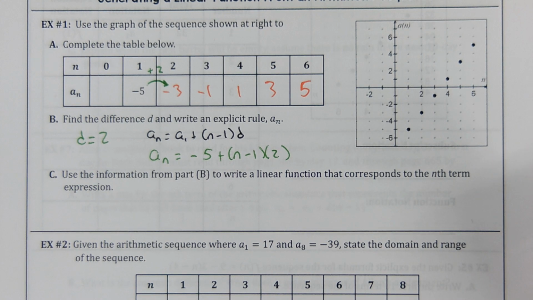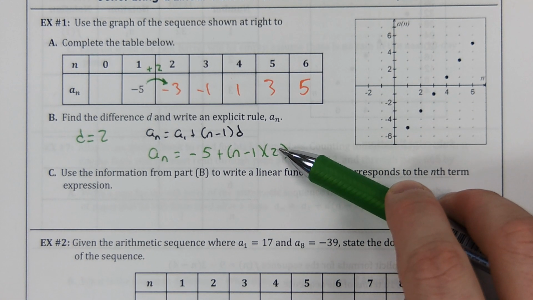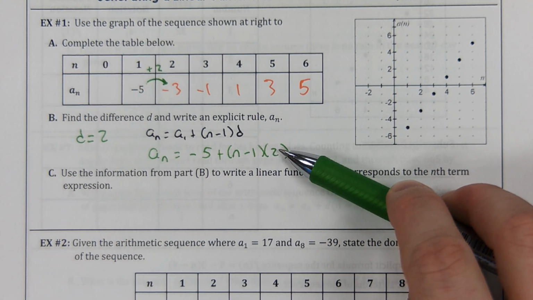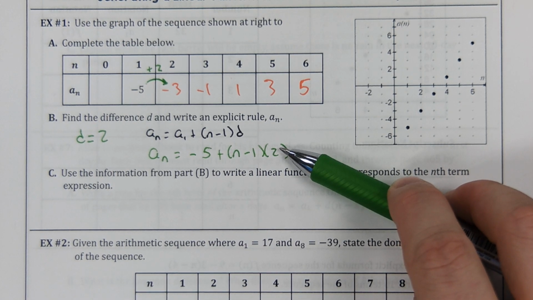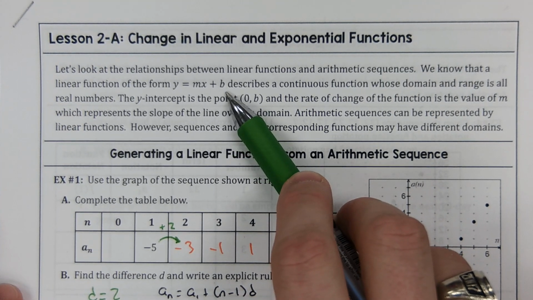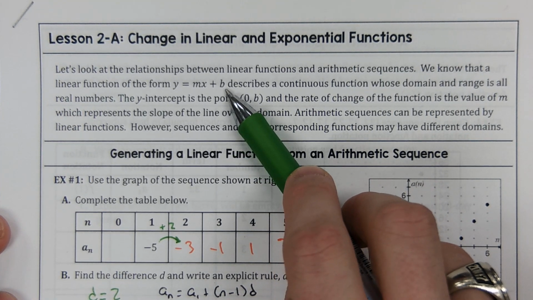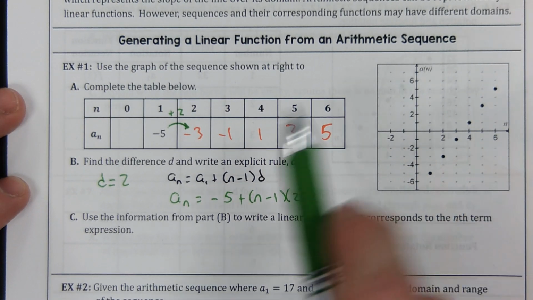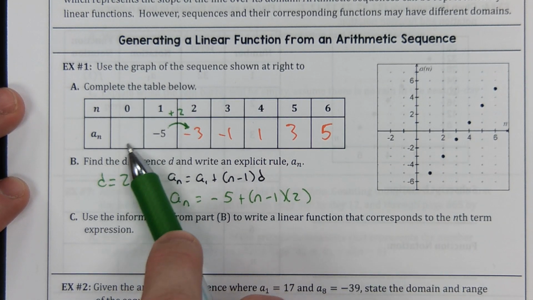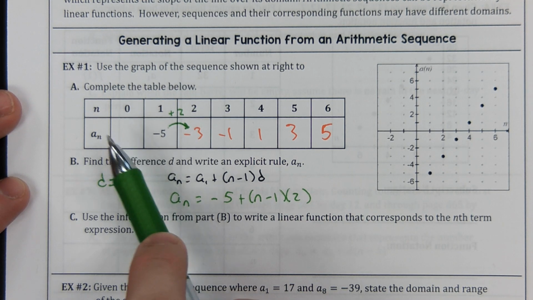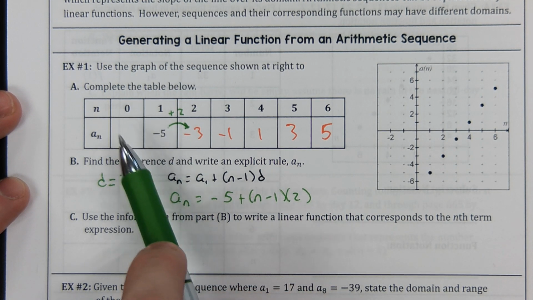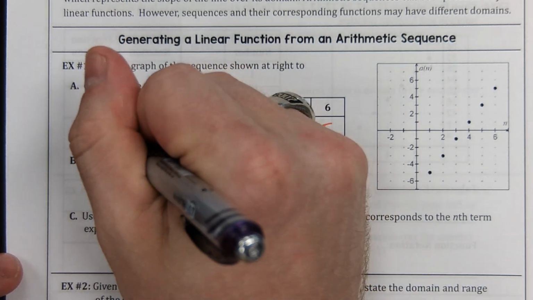Or realize that D represents the slope of this thing, and the B value, your y-intercept, would have been the term that came before the first term. So what would have come before the first term right here? What would A sub 0 have been? Negative 7. You see, if you subtract 2, you get to here, you'll get negative 7.